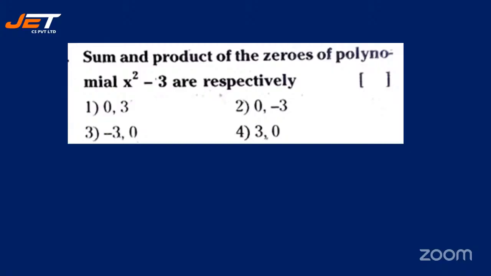Sum and product of the zeros of the polynomial x squared minus 3 are respectively dash. Is it 0, 3, 0, minus 3, minus 3, 0, or 3, 0?